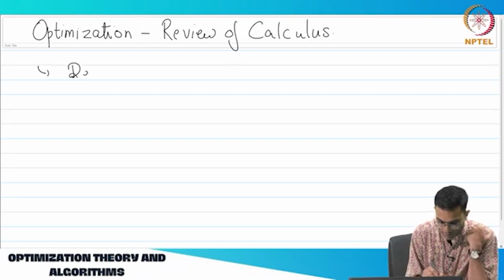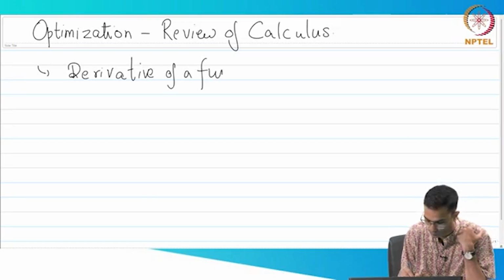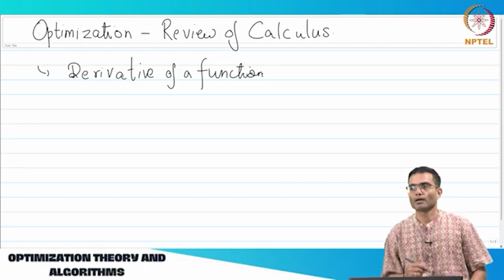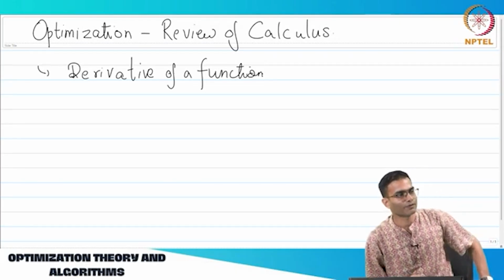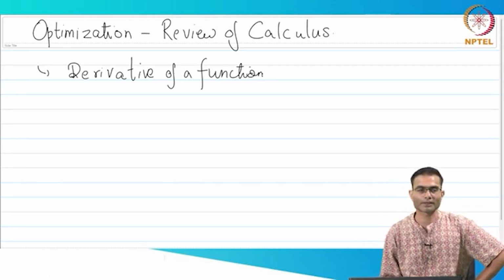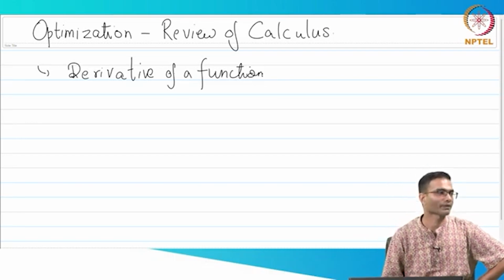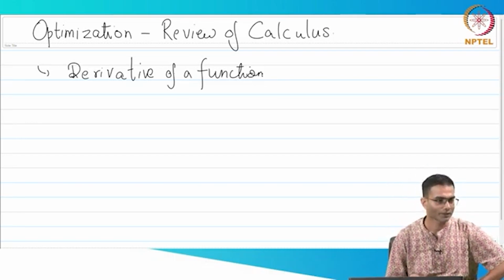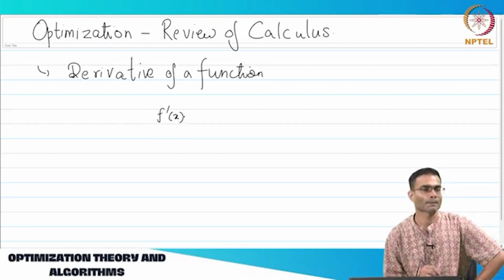So let's talk about the derivative of a function. When you look at the actual definition of the derivative of a multivariate function, it can seem a little intimidating. So let's start with something very simple that everyone is familiar with from high school. How did you define the derivative of a function in high school?